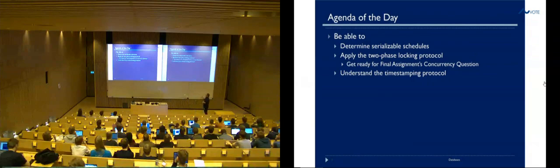After we understand what a schedule is and what a serializable schedule is, we will learn the 2-phase locking protocol, which is a set of rules that we follow, and when we follow them, they guarantee that whatever we do is serializable. So we don't need to worry about serializability once we follow this protocol.